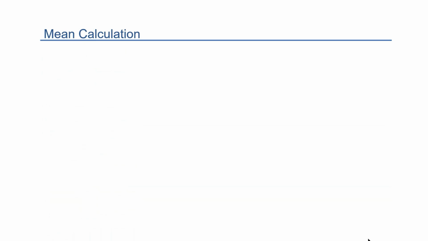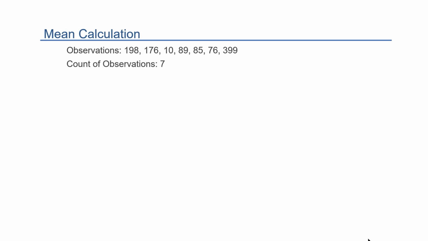So let us see the calculation of mean. Suppose we have a few observations about some quantity, and the numbers are 198, 176, 10, 89, 85, 86 and 399, and the total count of observations is 7.